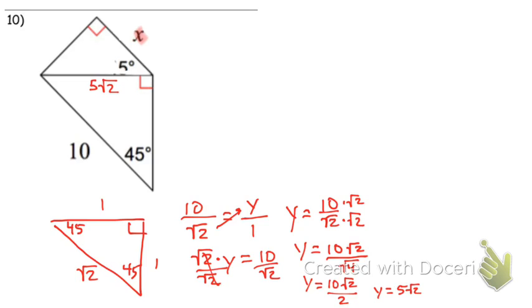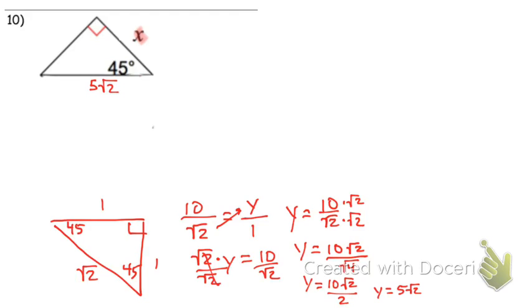Okay, and now we don't need this bottom triangle here. So we're going to just use this information now. Oops. Okay, let me get rid of this guy. So now we can just go ahead and solve this triangle.